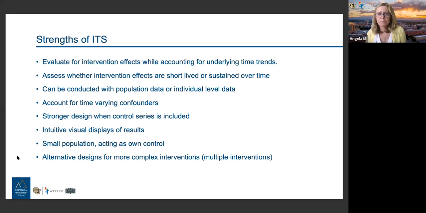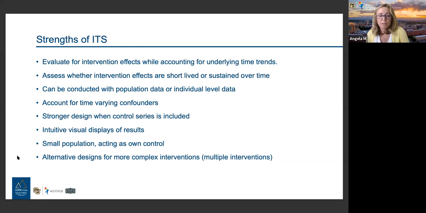And I think the greatest thing to note is that it can be done with either population or individual level data. It's more traditional to see it done with population level data, but at times it's necessary to use your individual level data. You can account for time varying confounders, and you can get a control group.